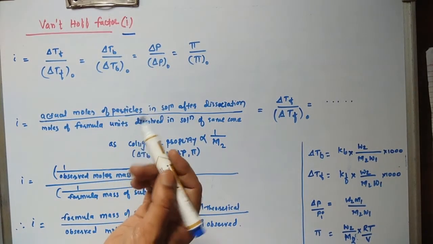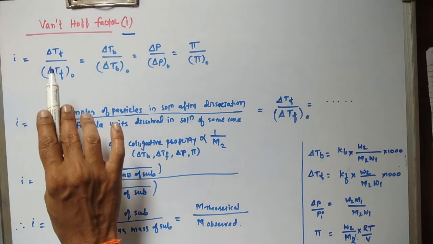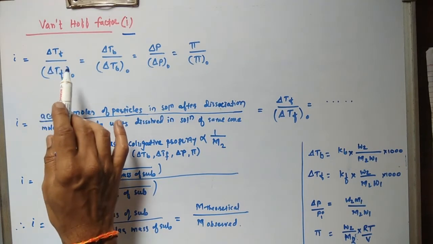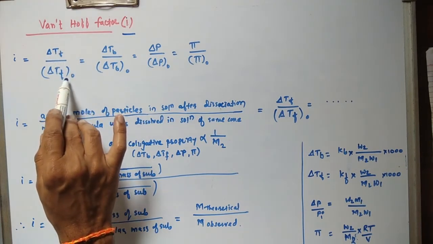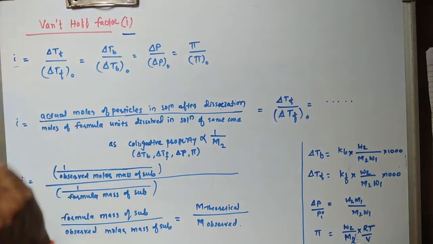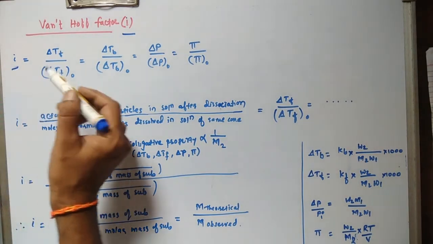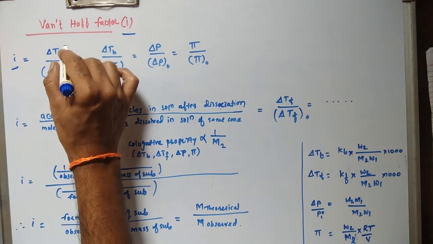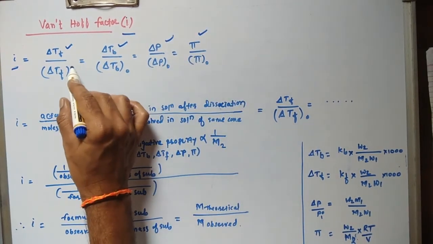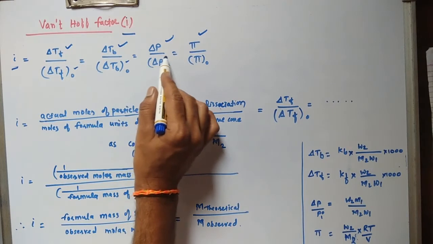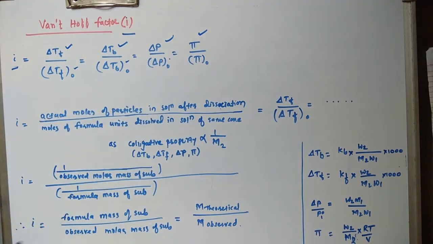The Van 't Hoff factor is defined as the ratio of the colligative property of the electrolyte solution to the colligative property of the non-electrolyte solution of the same concentration.